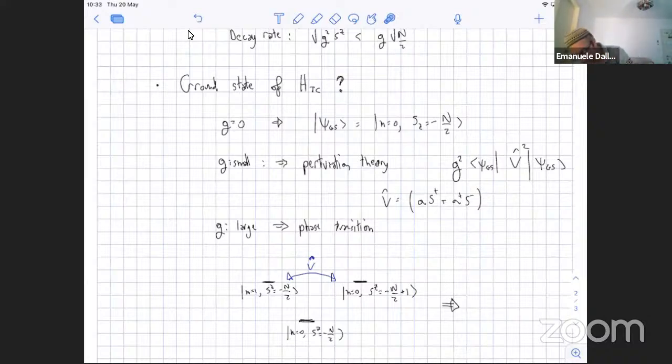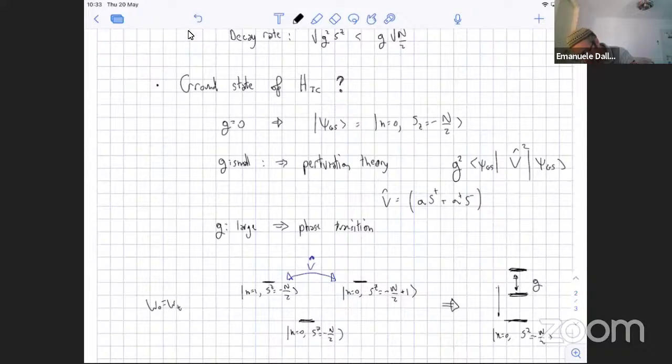So the ground state, nothing happens to it. That's what we discussed before, that the ground state is unaffected by the excitation, but these two levels are now split. Let's assume I'm analyzing the case of omega z equal to omega z, so I'm on resonance, and initially these two states had exactly the same energy. Due to the coupling, you now have a splitting, and the splitting goes as G.